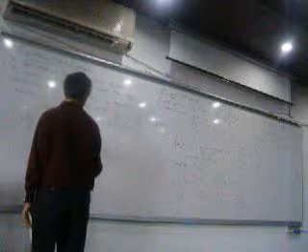And then what do you get? D squared y over dt squared equals dv over dt. So from here what do you get? 2 dv over dt equals minus 2y plus 1, so dv over dt equals minus y plus 1 over 2.